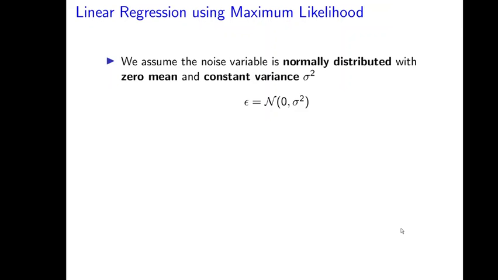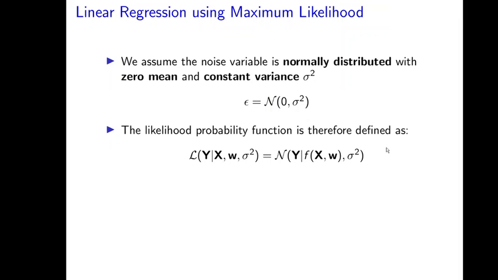For this extra parameter epsilon we assume, for simplicity, that this noise variable is normally distributed, so it is a normal distribution of values with zero mean and constant variance sigma squared, which means that the maximum likelihood approach will return a constant noise value or a constant variance value over all our predictions.